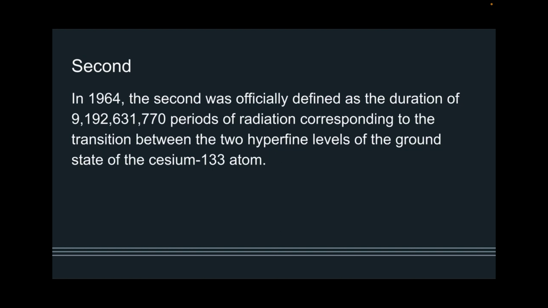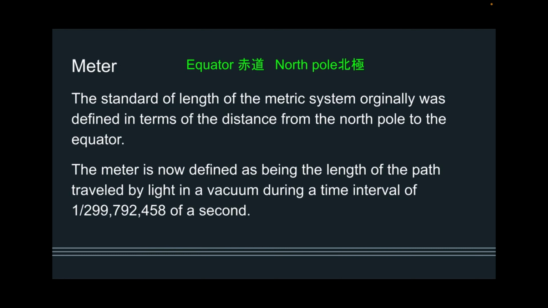Okay, don't worry, I know you are wondering what a transition or the ground state is, and we will introduce it in chapter 6. All you have to know is the second is now defined by a natural frequency from an atom.